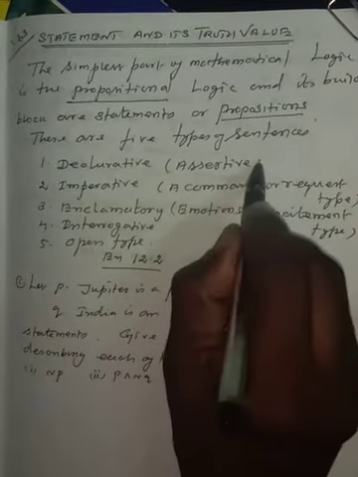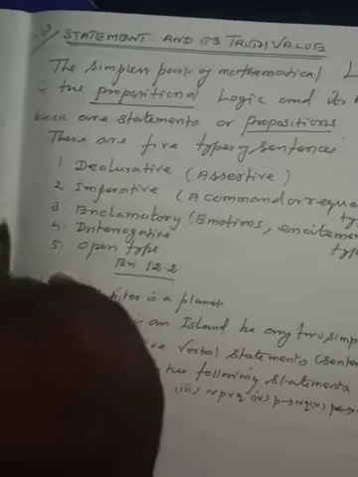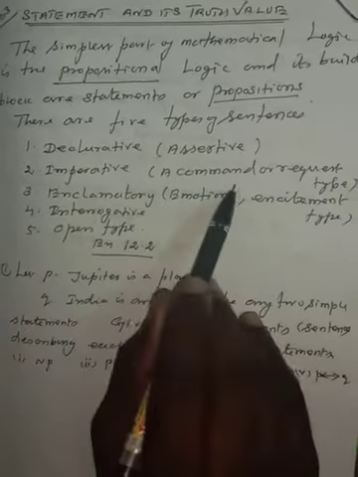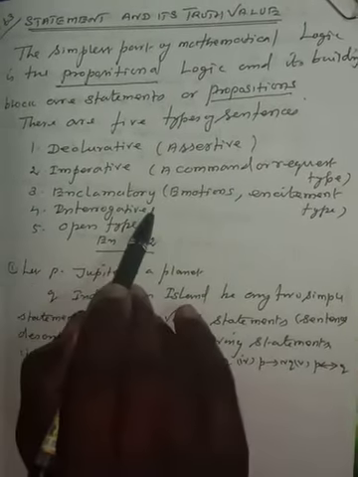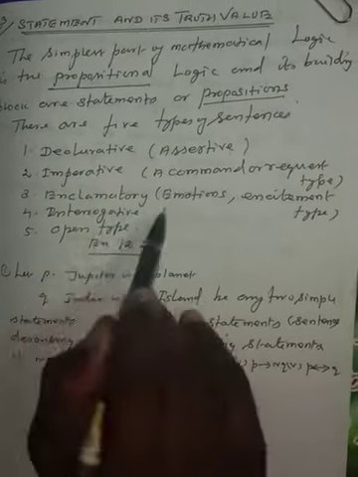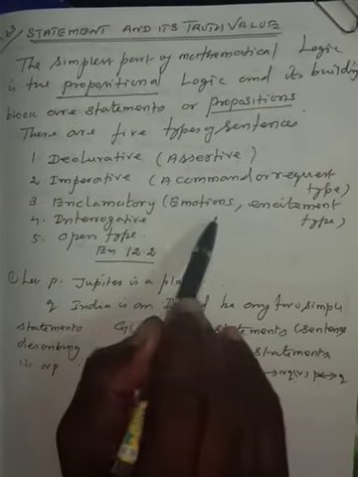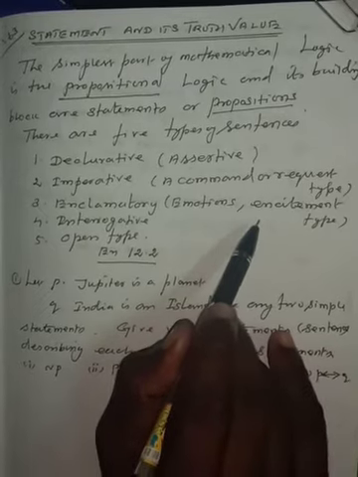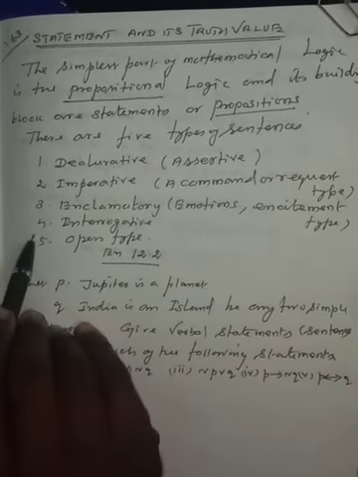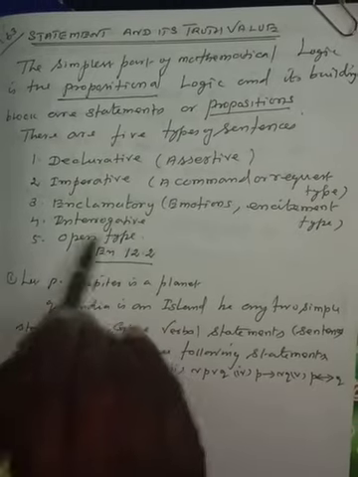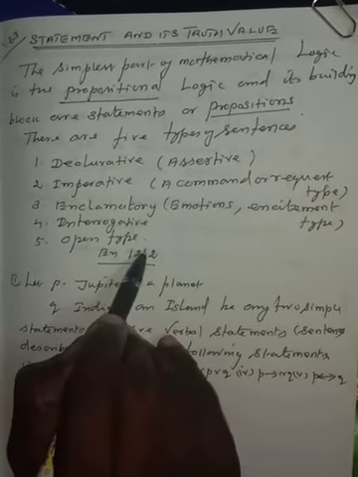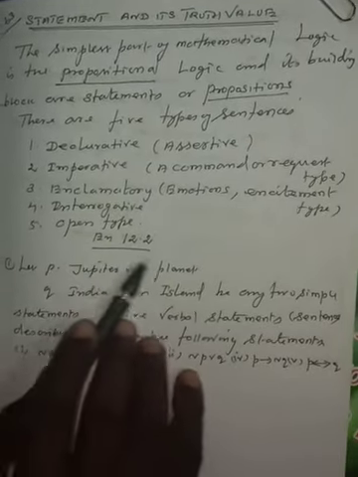Declarative means assertive. Number 2, imperative, a command or request type. Number 3, exclamatory. Alas, this is exclamatory, showing emotion and excitement. Number 4, interrogative. Interrogative means the question mark. Number 5, open type.